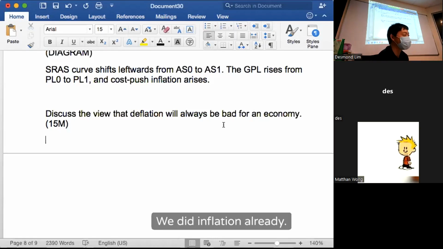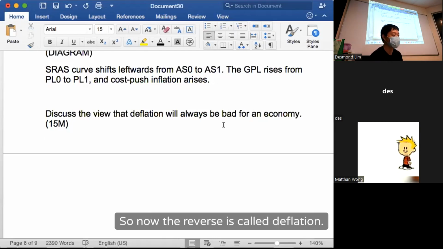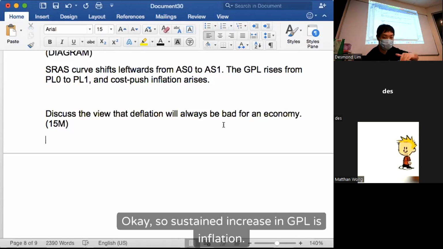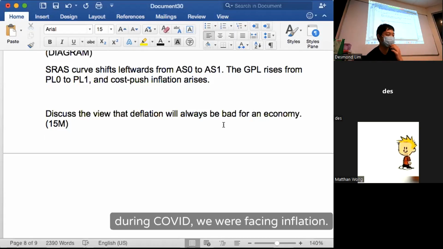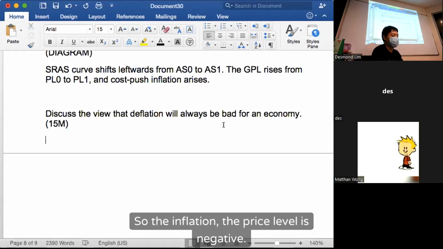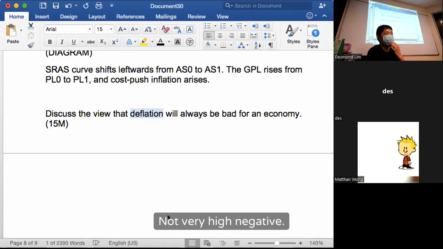Okay, we did inflation already. We looked at the two sides, demand pull and cost push. So now the reverse is called deflation. A sustained increase in GPL is inflation. Right now, the world is facing this. If you backtrack 2 years ago during COVID, we were facing deflation, or especially Japan most of the time. So with deflation, the price level is negative, not very high negative.